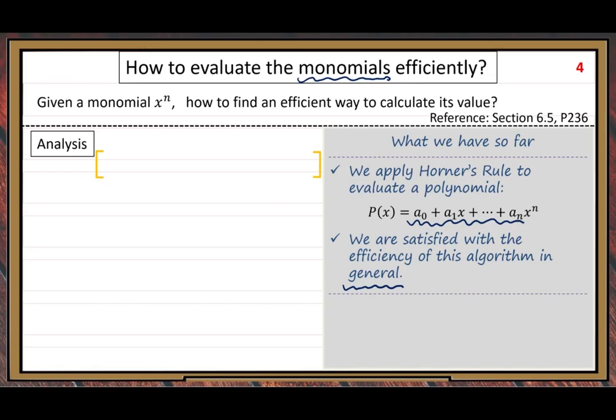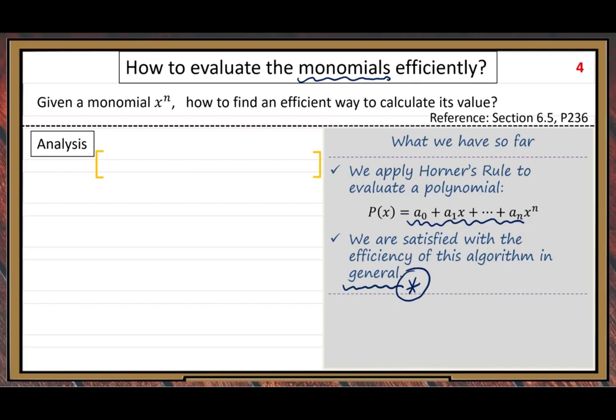But the question is, this is for the general case, right? Because sometimes we may have some special polynomials. What do I mean by special polynomials? The coefficients may satisfy some special properties.